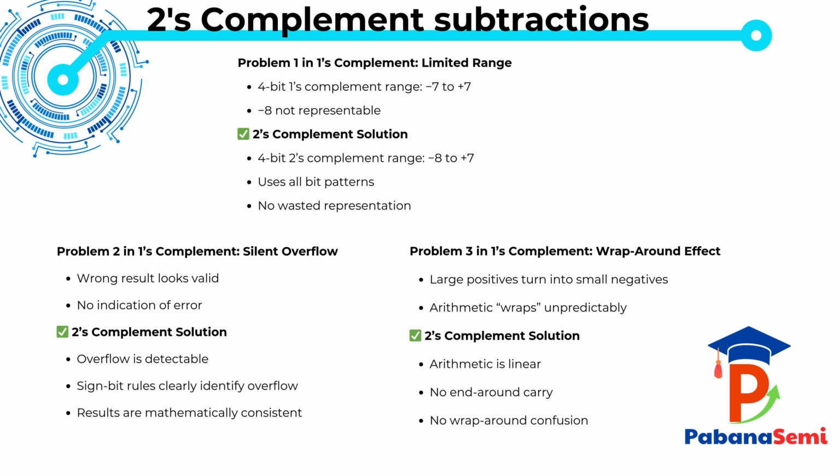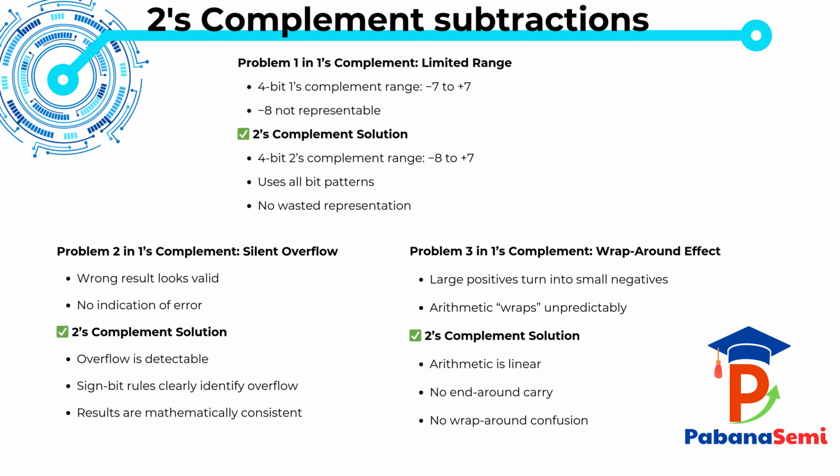Problem 3, wraparound effect. In 1's complement, when results exceed the valid range, the arithmetic wraps around, turning large positive numbers into small negative numbers or vice versa. In 2's complement, there is no wraparound confusion. Arithmetic progresses linearly, and any overflow is cleanly detected. Final takeaway.